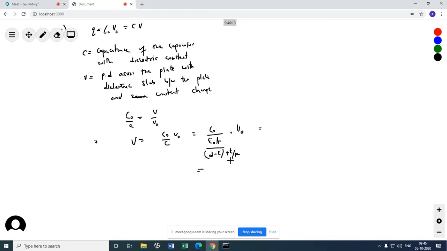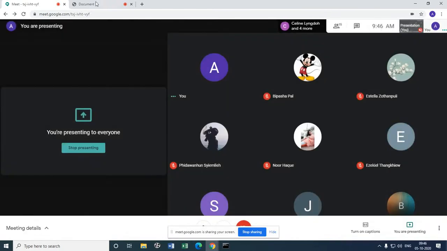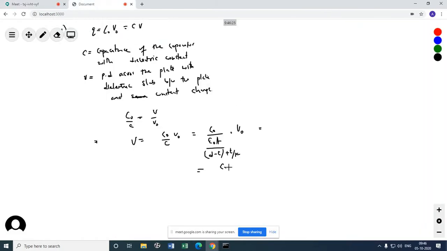So then, don't worry, C naught by epsilon naught A, D is 4, T is 2, so 4 minus 2 is 2.